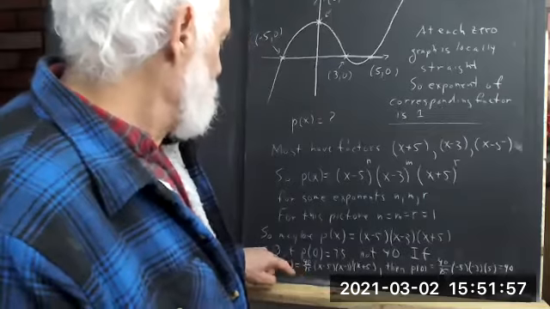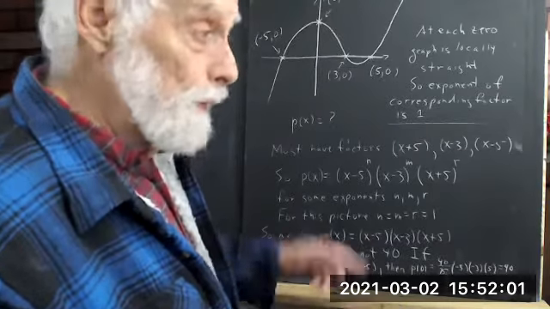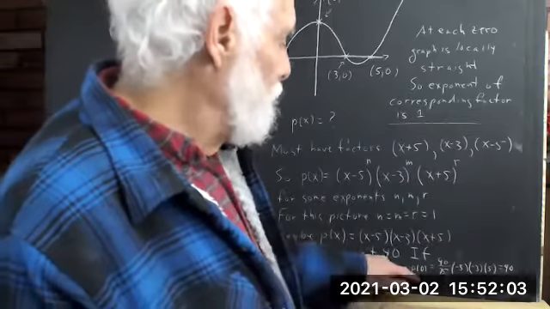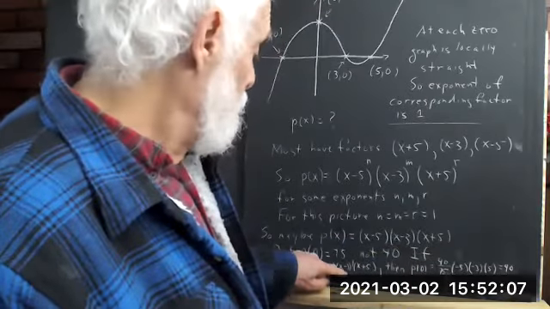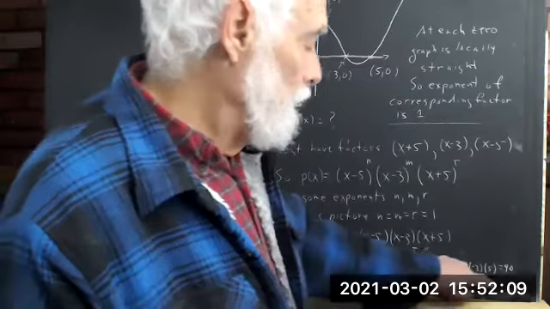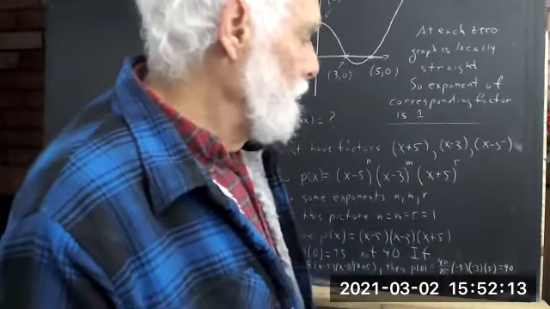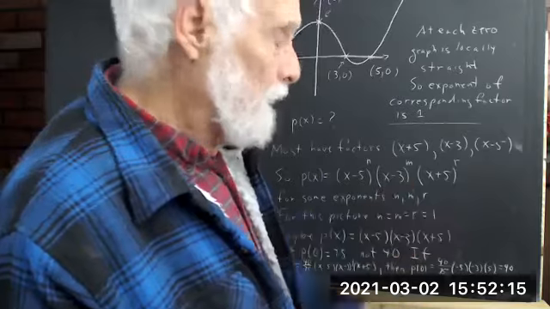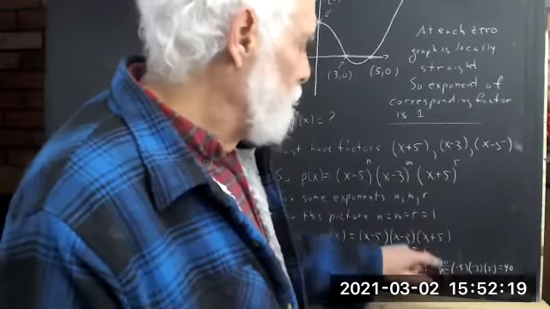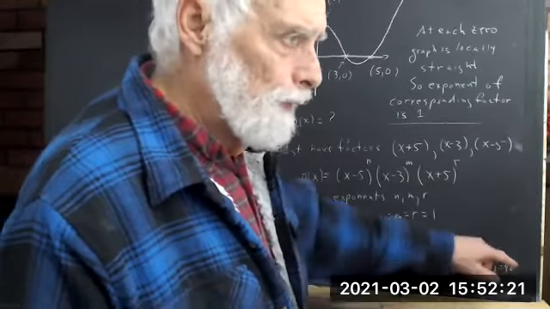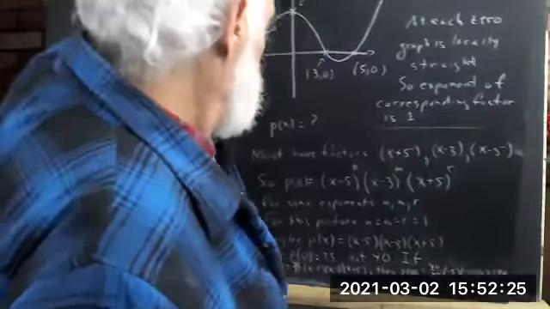Okay, so if P of x is 40 over 75 times the product of these three factors, then P of 0 is 40 over 75 times negative 5, negative 3 and the 5 you get when you substitute x equals 0. These three multiply out to 75, okay? And 40 over 75 times 75 is just 40. So there we have it.